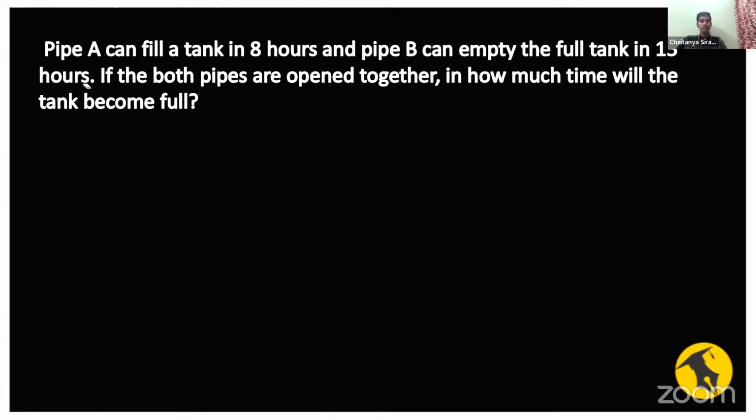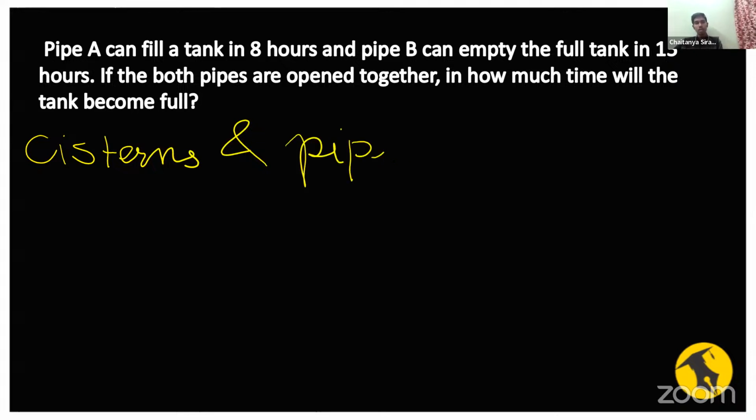Pipe A. This is related to your pipes and cisterns part. A cistern is basically a container of water or any other liquid which you want to store. Pipe A can fill a tank in 8 hours, and pipe B can empty the full tank in 15 hours.